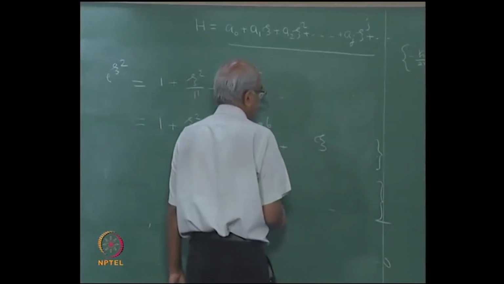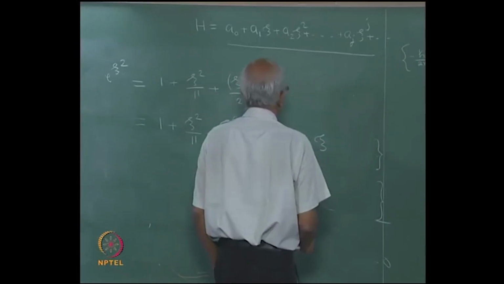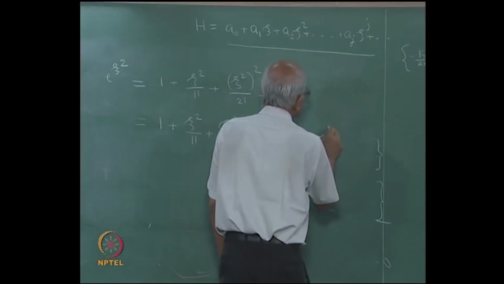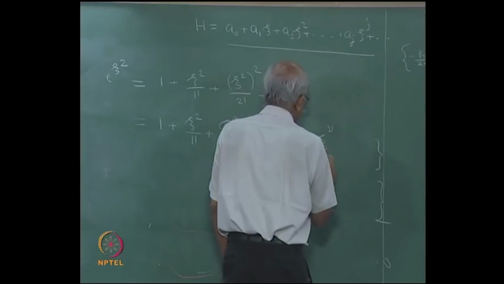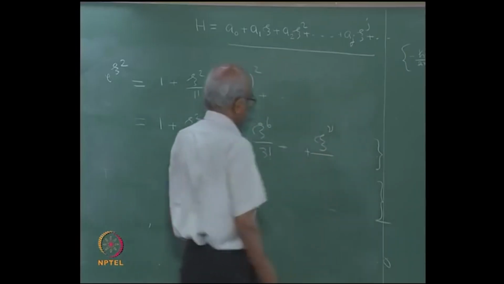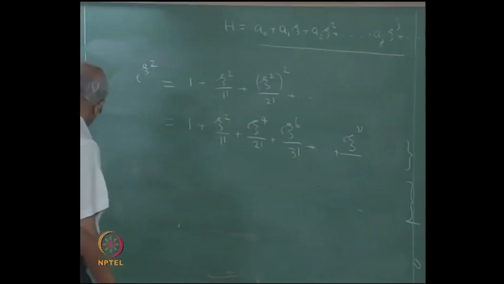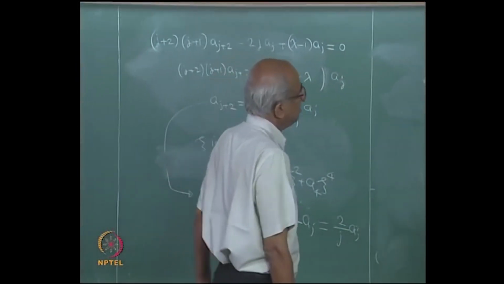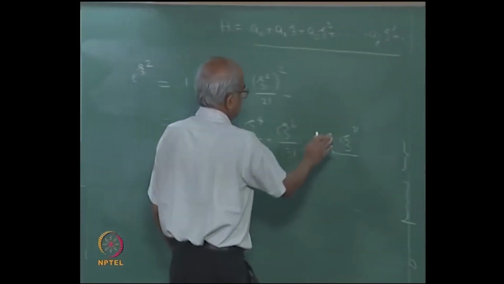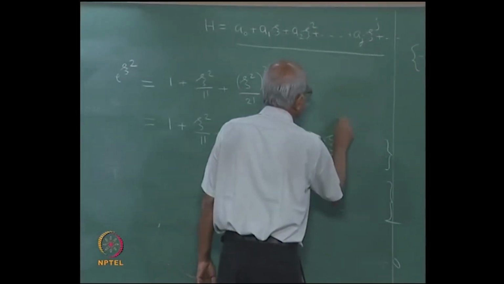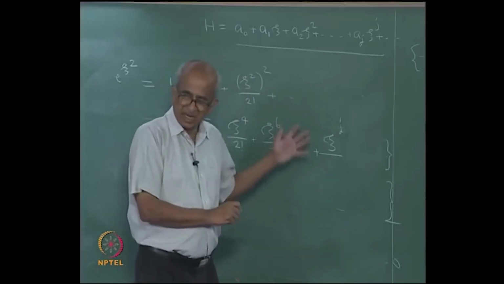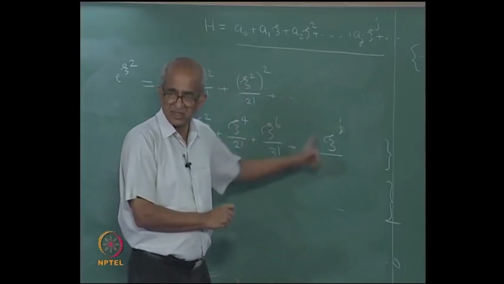Or maybe c to the power of j divided by how much? Right, j has to be even the way it is.